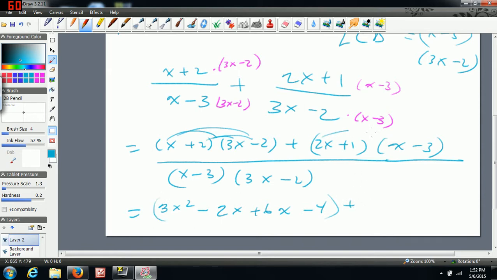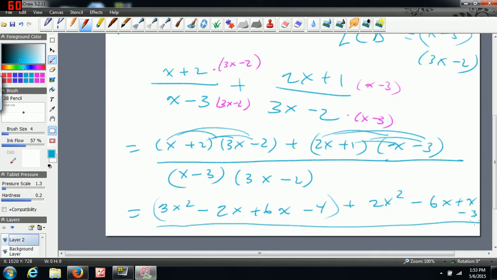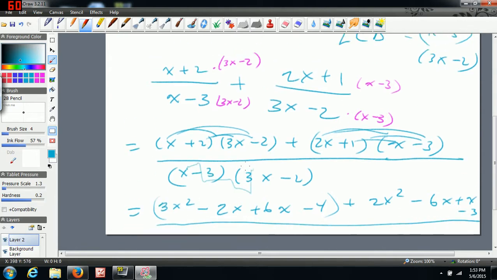And this one you just FOIL: 2x squared minus 6x plus x minus 3, all over the FOIL of the denominator. That becomes 3x squared minus 2x minus 9x plus 6, negative 3 times negative 2.